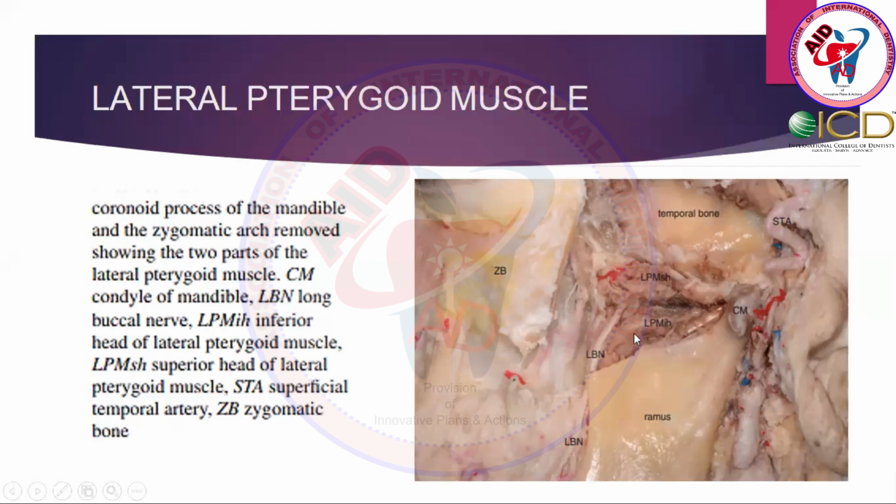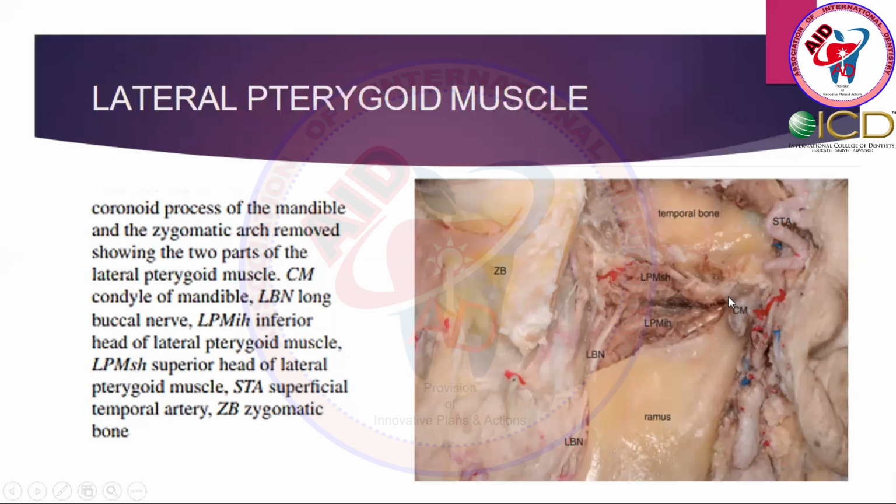That is the superficial temporal artery, which we have also described in a previous slide. It covers the temporal area, and that is the zygomatic bone. By cutting the coronoid process and the zygomatic bone, you can understand what is beneath it.